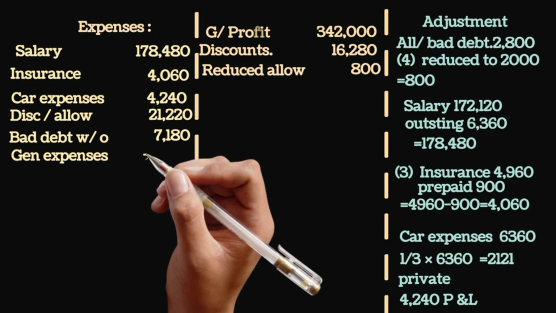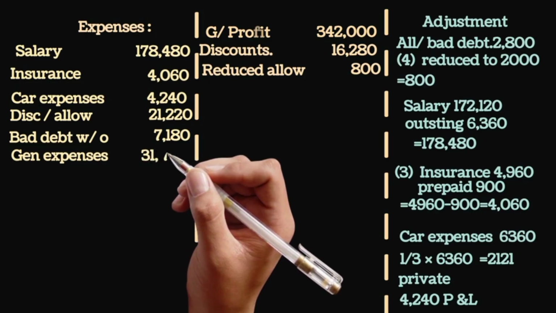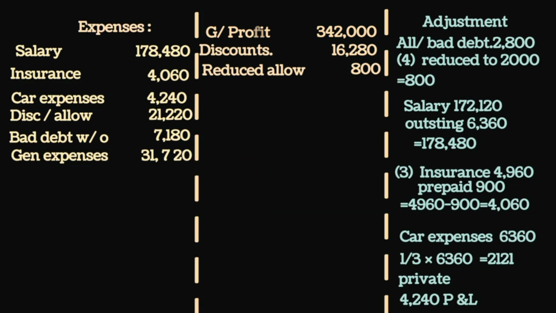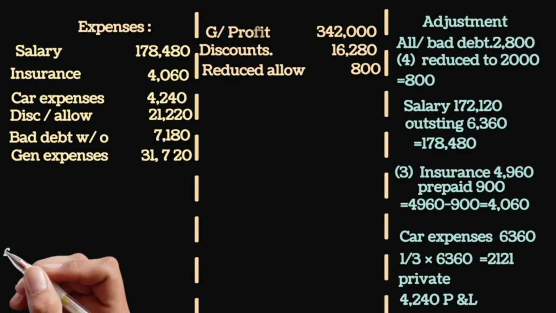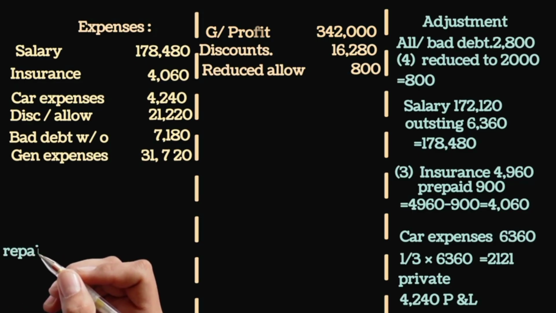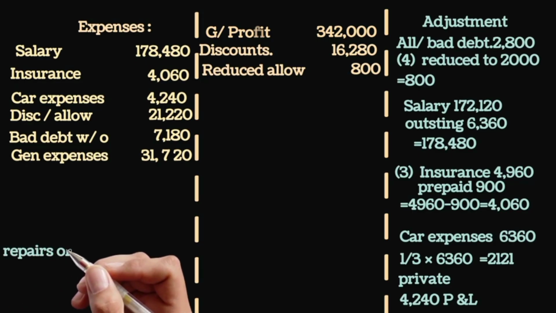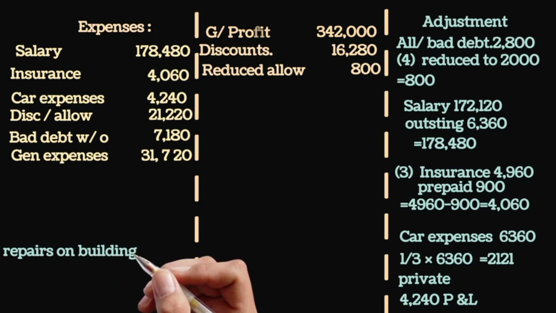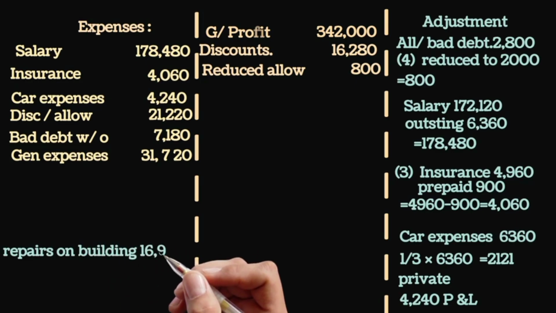Then we get general expenses. There is no adjustment information in the question, and it remains as it is in the trial balance, 31,720.